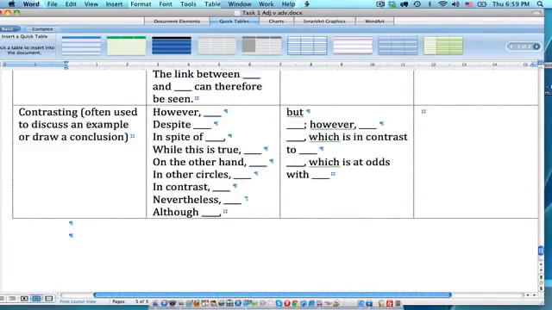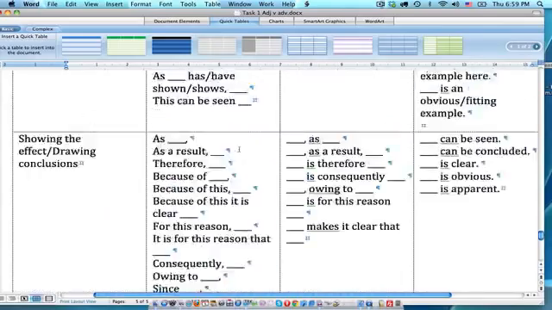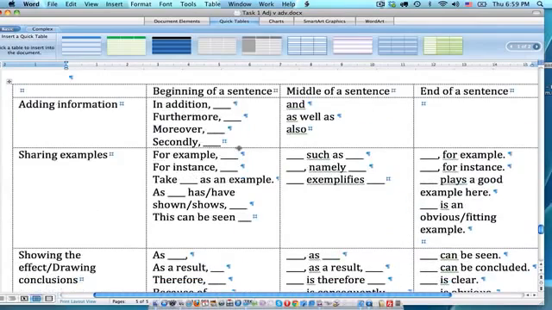And finally, contrasting. And I've divided these different categories into the phrases that are at the beginning of a sentence, the phrases that appear in the middle of a sentence, and the phrases that appear at the end of a sentence. So I'm hoping that this will help you to commit these phrases to your memory and to try them and experiment with them in your own writing.